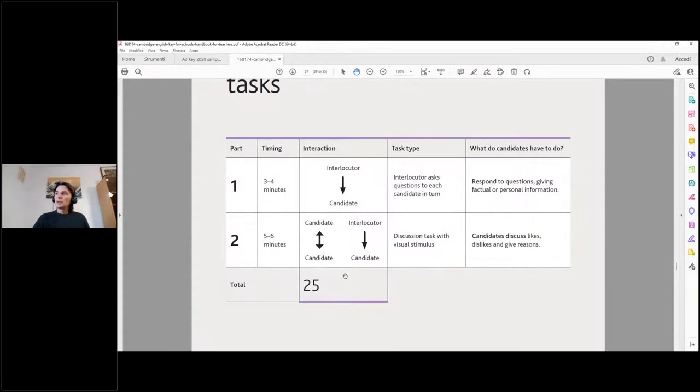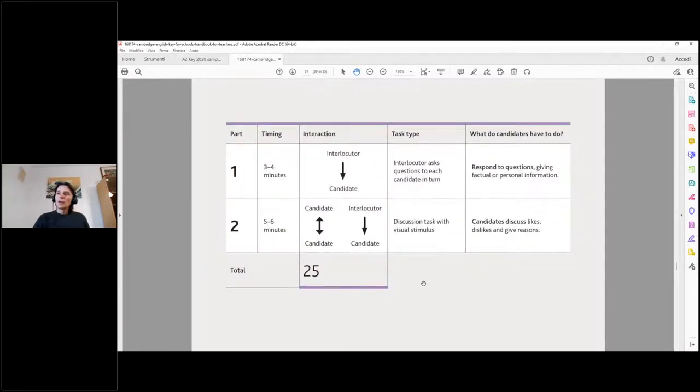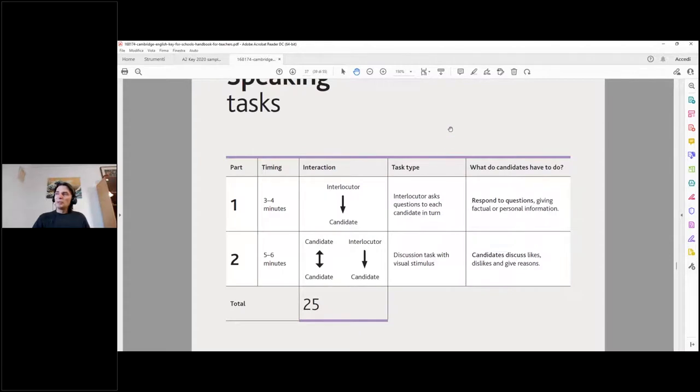So you shouldn't be afraid at all about this test. There are two parts to the test, and you can get a total of 25 points. So it was 120 points from the reading and writing, 25 points from the listening and 25 points from the speaking. Usually this is how you can get your points.